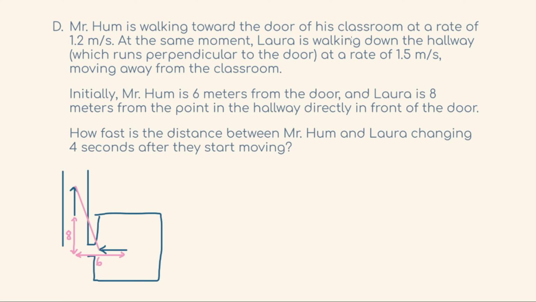Mr. Hum is walking towards the door at a rate of 1.2 meters per second. So this distance right here, let's call this the horizontal distance, that's the x. And dx over dt, that distance is shrinking as I get closer towards the hallway, so it's going to be minus 1.2 meters per second. dy over dt, however, as Laura is walking away from this door, this vertical height is increasing, so this is going to be positive 1.5 meters per second.